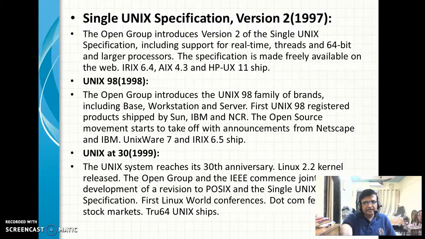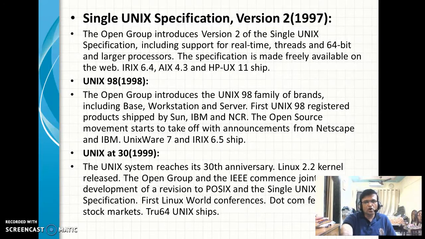UnixWare 7 and IRIX 6.5 were shipped during this period. In 1999, Unix was at 30, the 30th anniversary of Unix. The Linux 2.2 kernel was released. Open Group and IEEE commence joint development of a revision to POSIX and the Single Unix Specification.